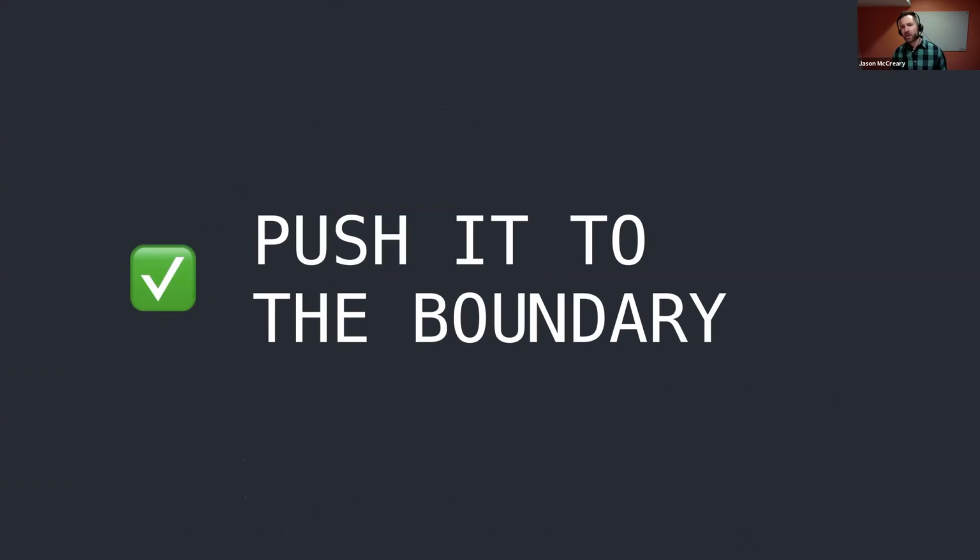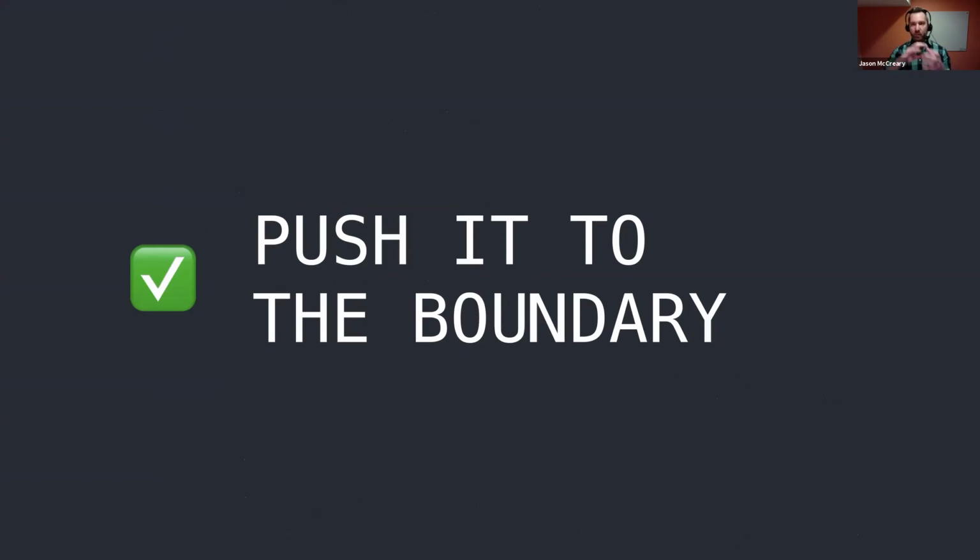Now, what this strategy is called, or at least who I learned it from, was J.B. Rainsberger. He's more popular in the Java community, but he really does a lot of talks and consulting on testing. He calls this pushing it to the boundary. So he takes a hard to test piece of code. He encapsulates that. It's really core and low in our application stack.